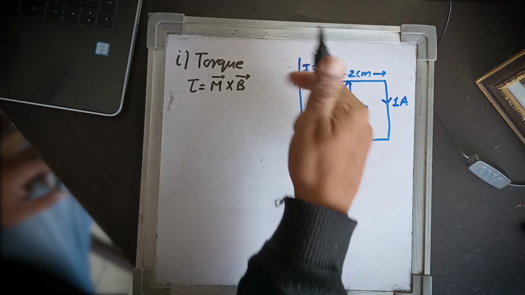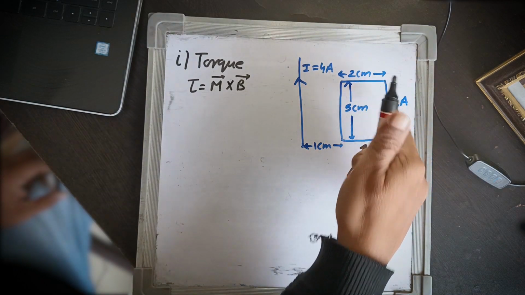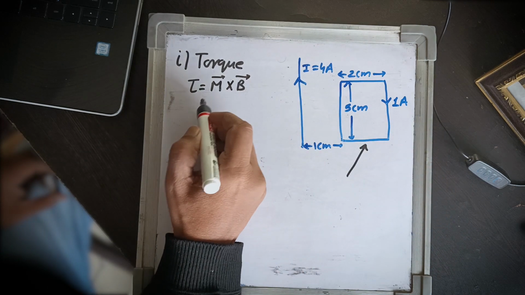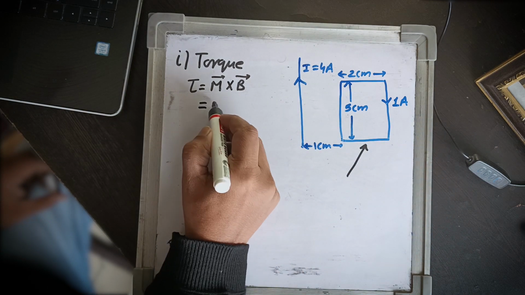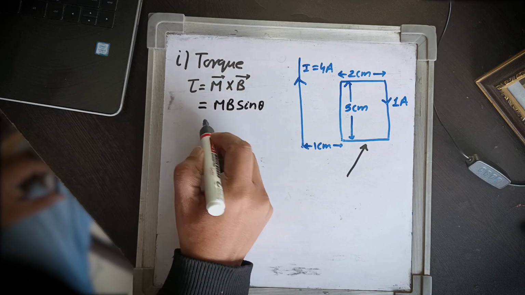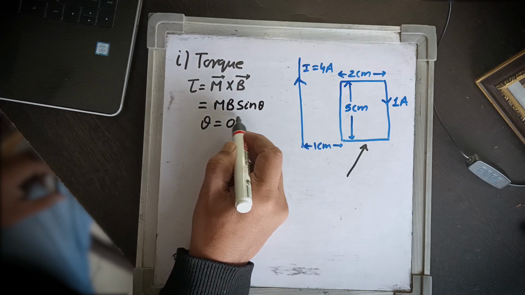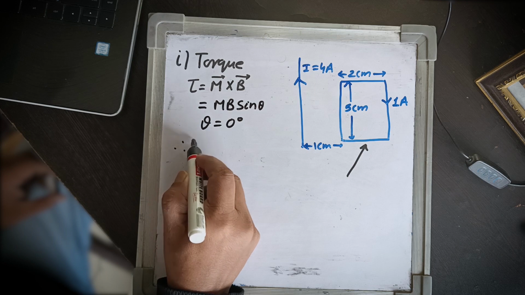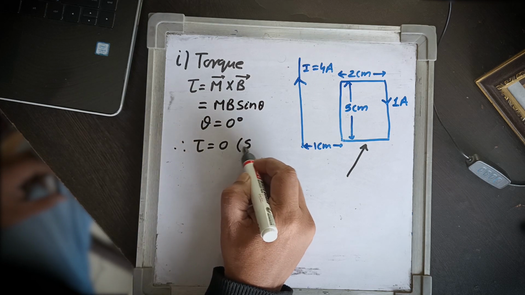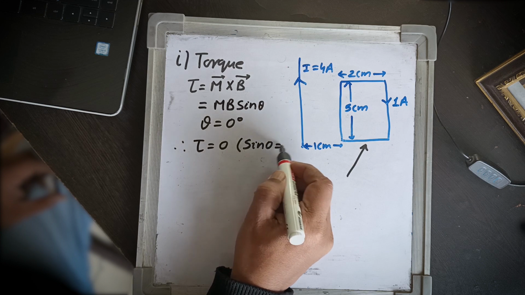You can see it clearly like this, and the area vector of the loop is also downwards. Therefore, when I apply mB sin theta, I get theta equal to 0 degrees, and therefore tau will be 0. No torque will act on the loop because sin 0 is equal to 0.